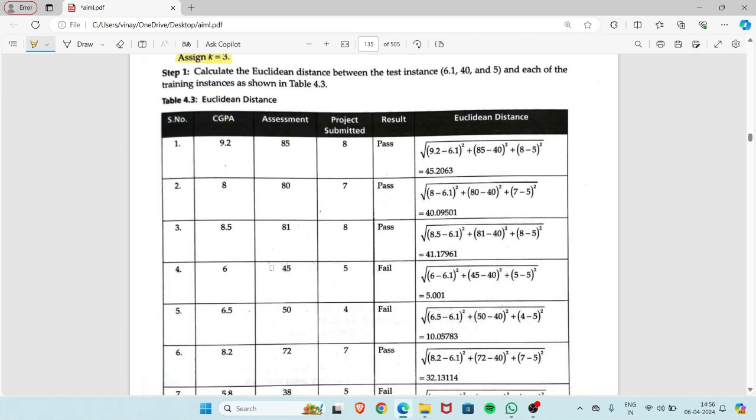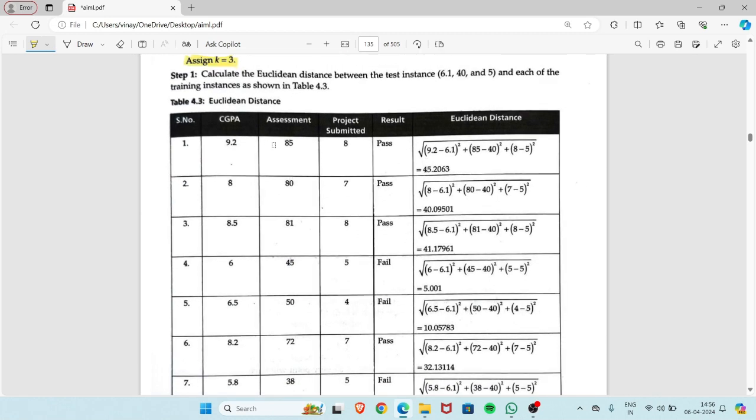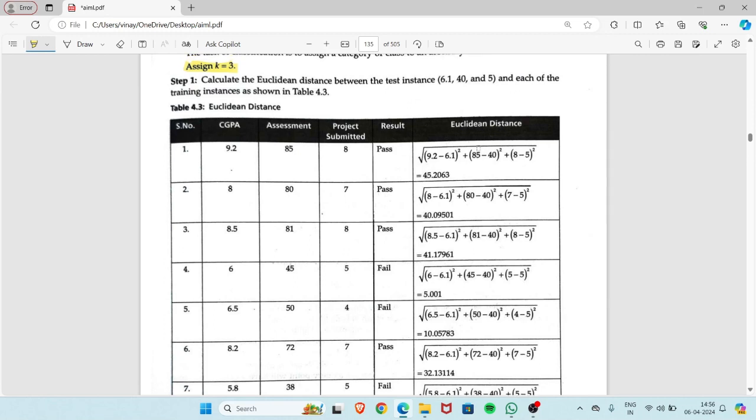Now we have to find the Euclidean distance. Euclidean distance is nothing but the square root of (x1 minus x2) whole square plus (y1 minus y2) whole square. So 9.2, 85, 8 is given to us, and 6.1, 40 and 5 is given to us as the test instance. Based on this test instance only we have to check and predict the category.